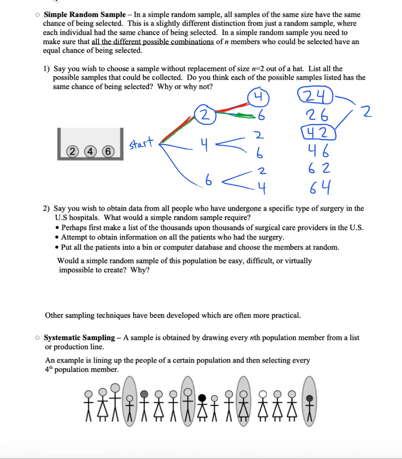And we see that the 2 and the 6 also come up twice in the tree. And finally, the 4 and the 6, they appear twice in the tree as well. So see, every different combination that could be chosen has an equal chance of being picked. So this situation would be an example of a simple random sample.